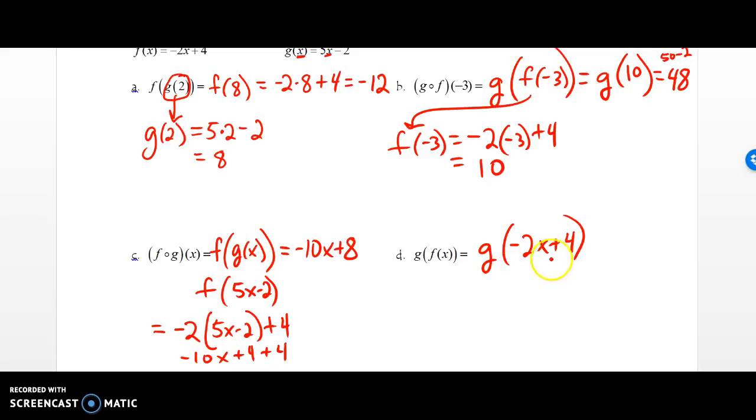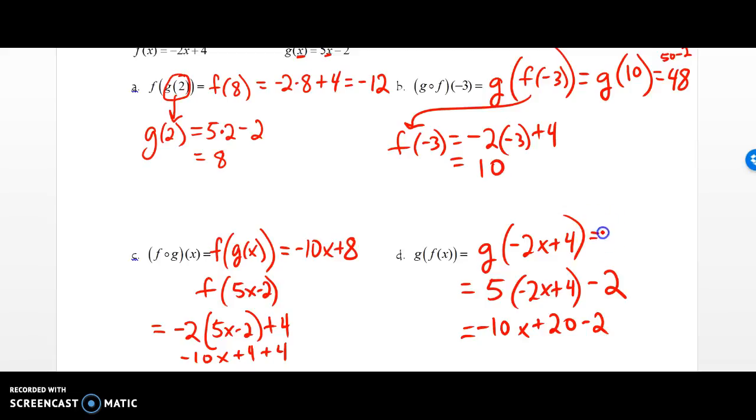So this says we evaluate function g using that quantity. So it's 5 times that quantity and now we just need to do the algebra. Negative 10x plus 20 minus 2.